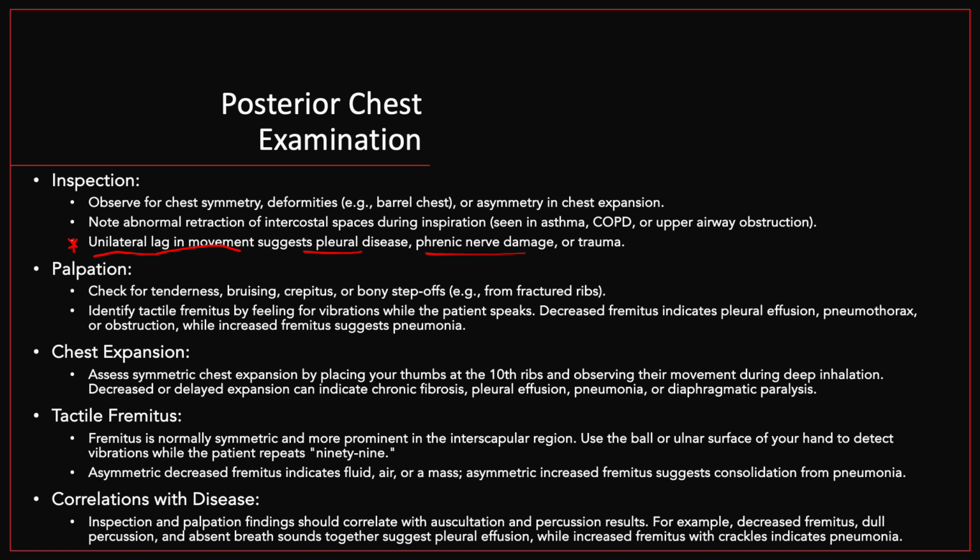So we did an interscalene block, ended up capturing some of the phrenic nerve on that side, and about 15 to 30 minutes later, we went back to go get him for his procedure, and sure enough, he was having a full-on panic attack because he could feel how hard it was for him to breathe with one side of his diaphragm being paralyzed. So definitely something to take into account there. It'd be an easy question on the test.